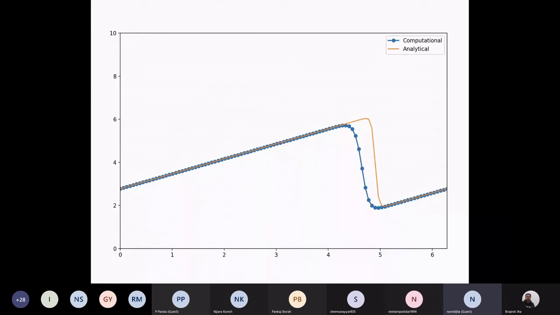To reduce it, you can put in more spatial and temporal points. That is one way. Another way is to increase the order of the scheme. So the next discussion is how to enhance the accuracy of a scheme so that the gap between the blue line and the orange line is minimized.